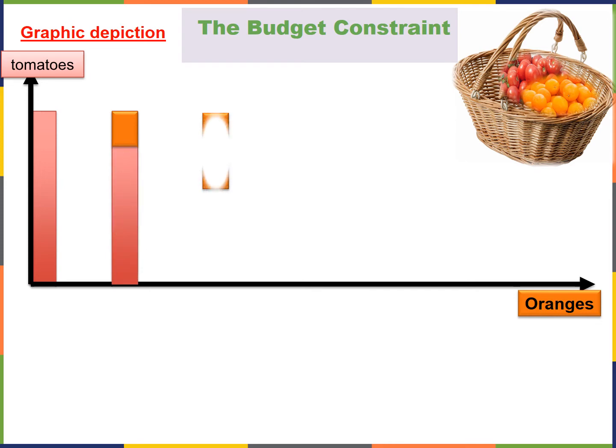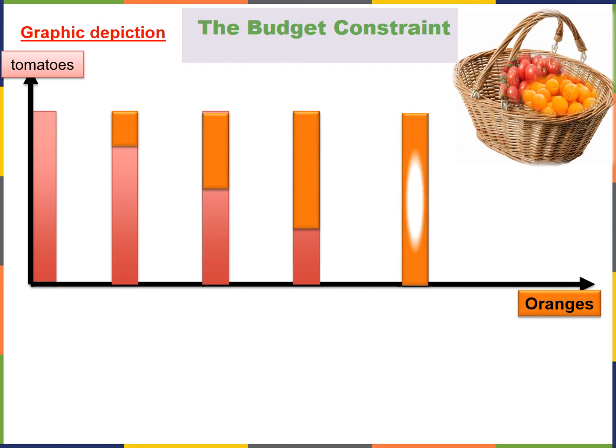As we increase the number of oranges, we are forced to decrease the number of tomatoes, and the process goes on. If all that we purchase is oranges, we purchase no tomatoes. A pattern appears, a straight line, which is called the budget constraint line.